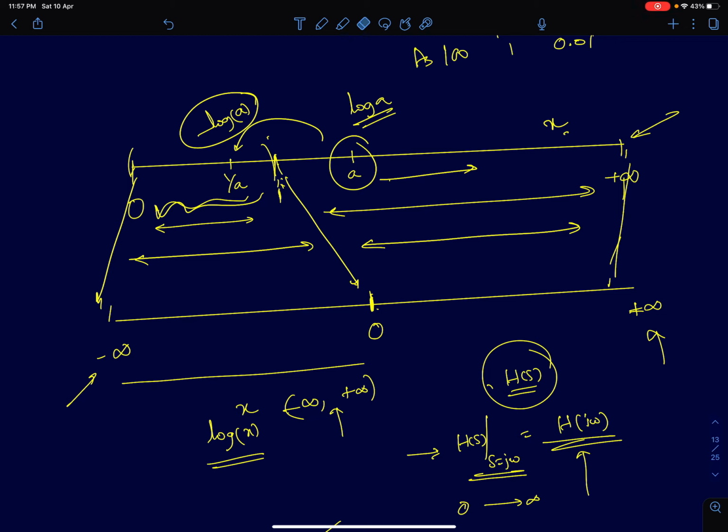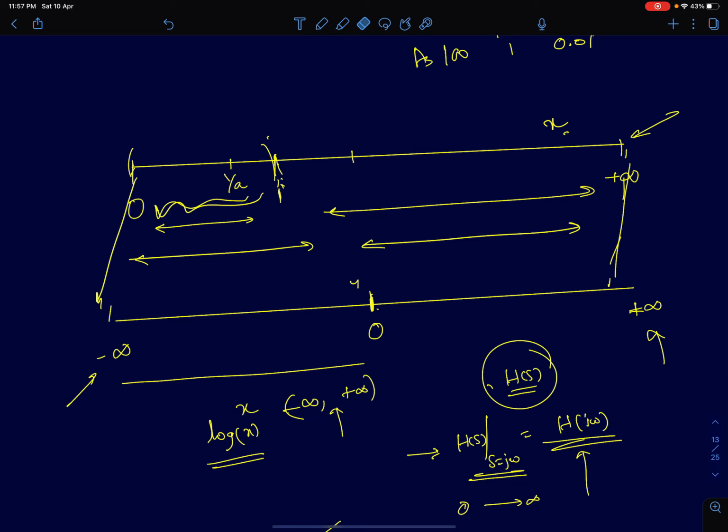interval 0 to 1. Now let's assume I want to travel all the way till infinity starting from 1. Even though I might jump exponentially, I'm going to jump on points which have exponential variation. So at first I'll go to 10, and then 10 square, 10 cube, and so on.